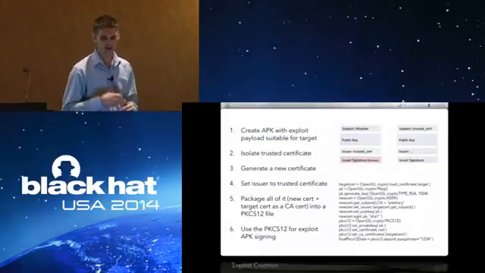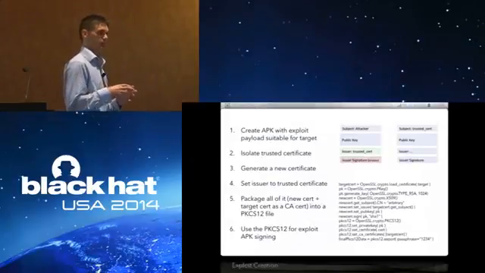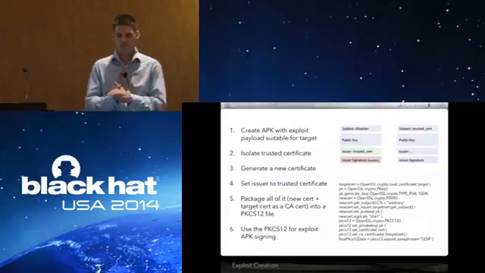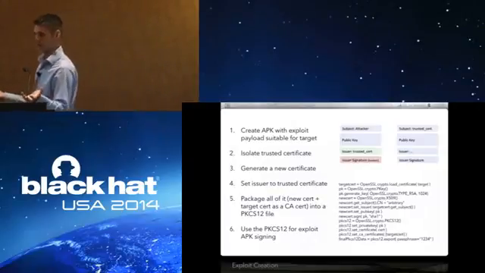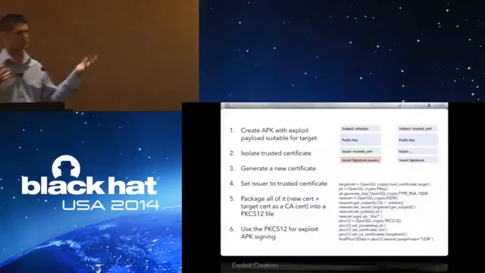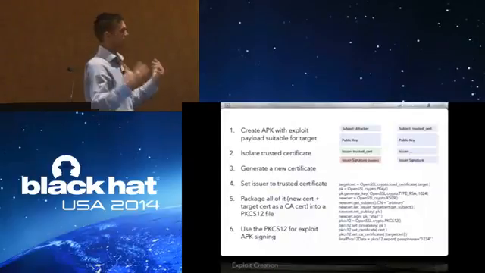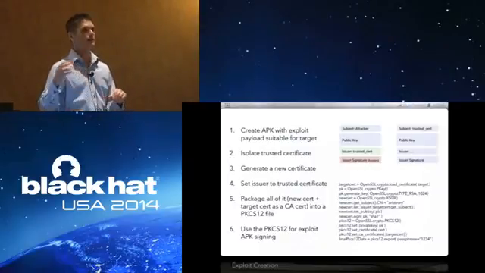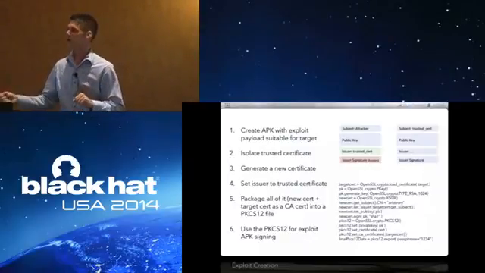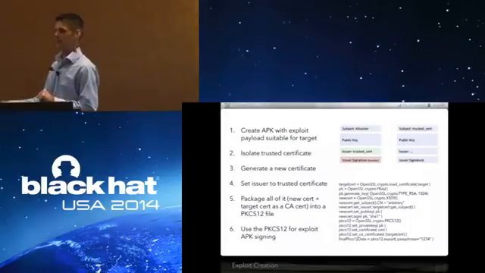So how does an attacker actually build an exploit with this? They're going to create an app that has evil code to do their evil thing, whatever evil is for their personal motives: steal money, steal pics, whatever. They're going to isolate that trusted certificate: which vector do they want to use, and pick the certificate related to that vector.